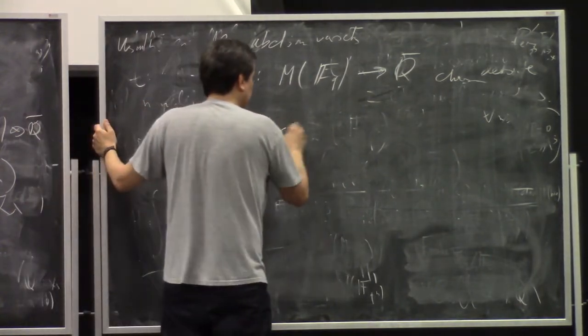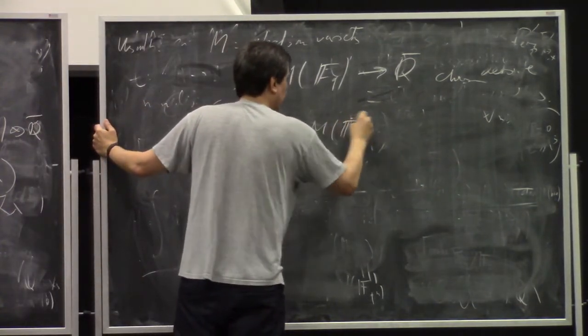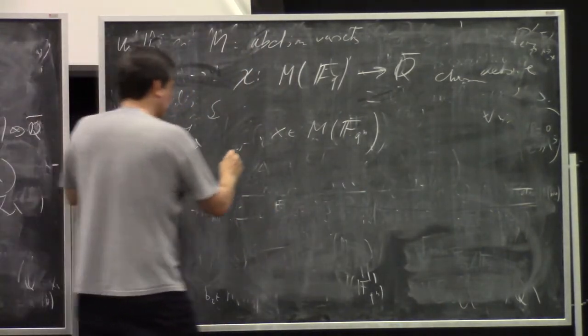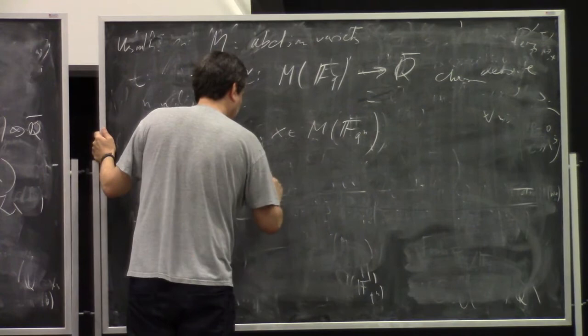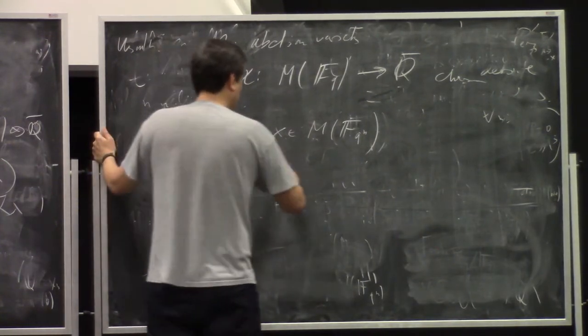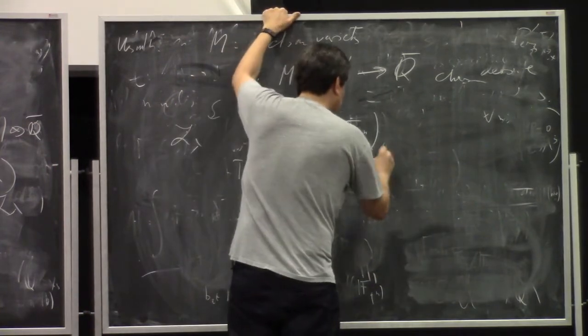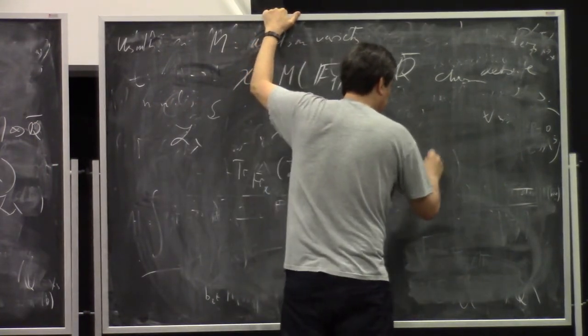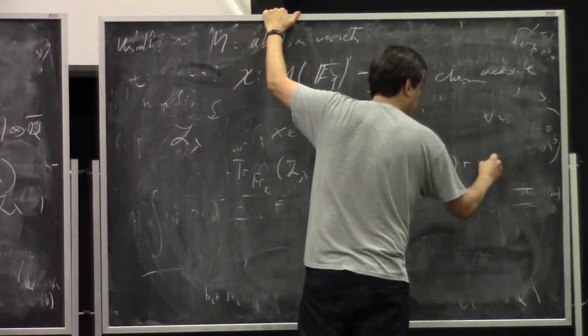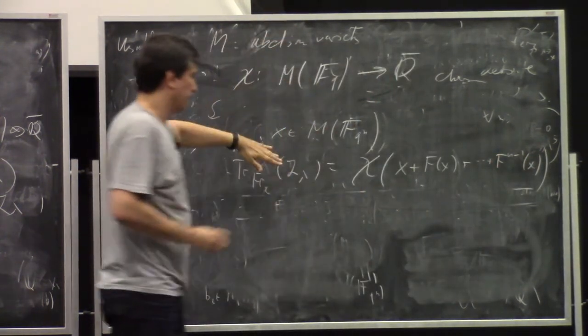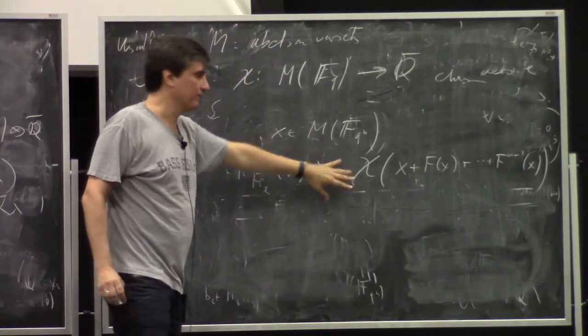Now consider points in F and M, F, Q, N. What will be the trace of Frobenius of this point, of this lambda? It's easy to see that it's equal to x plus Frobenius of x. Yeah, so that's a simple formula.